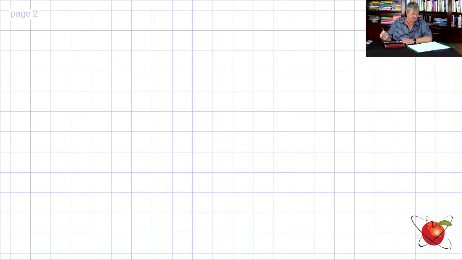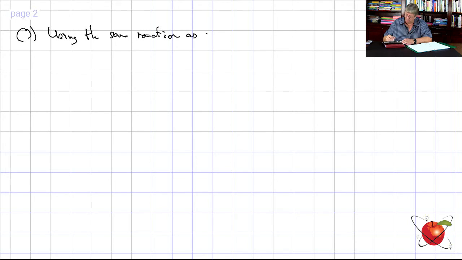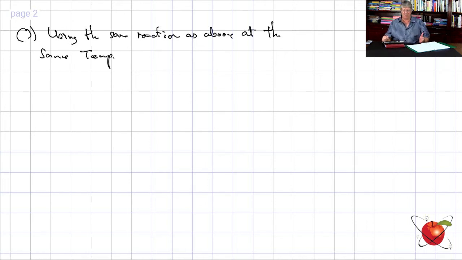Then they say to us, using the same reaction, so this is part 3, using the same reaction as above, at the same temperature. Why do I say that? Because if the temperature changes, Kc changes. So I'm using the same values.